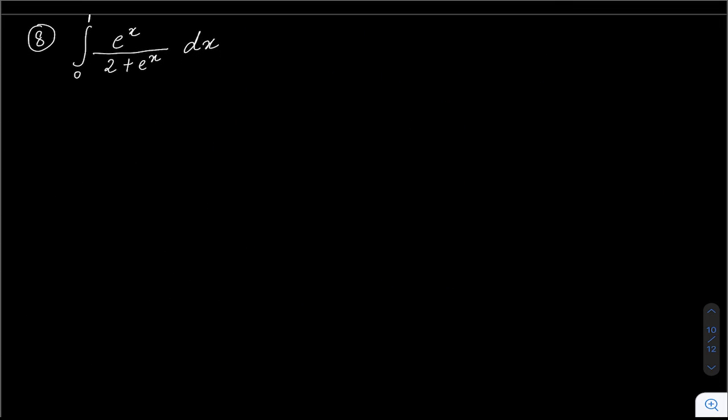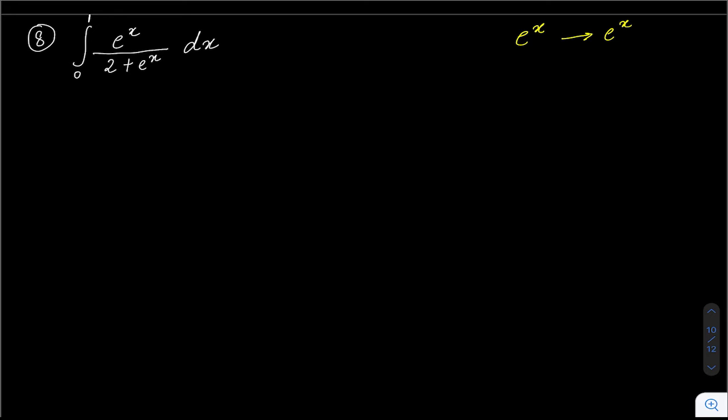Okay, let's look at one more question. Now this time we have a definite integral. So the integration is from 0 to 1 of e power x over 2 plus e power x dx. Okay, so we already know that the differentiation of e^x is e^x only, right?